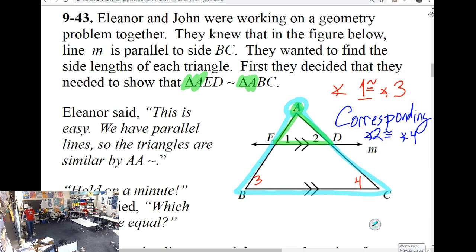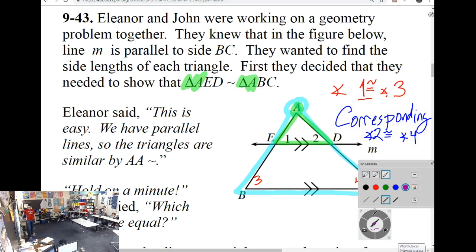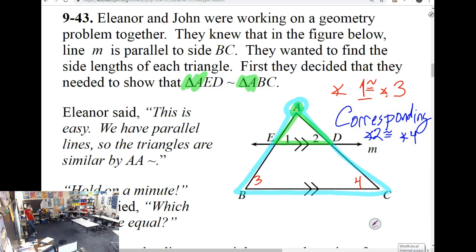So we can actually make a statement, and we don't actually need to here, because guys, have we already satisfied angle-angle similarity? Yes. One set of congruent angles, another set of congruent angles. We already have angle-angle similarity here. But we can make the statement of angle A being congruent to itself, which seems unnecessary.